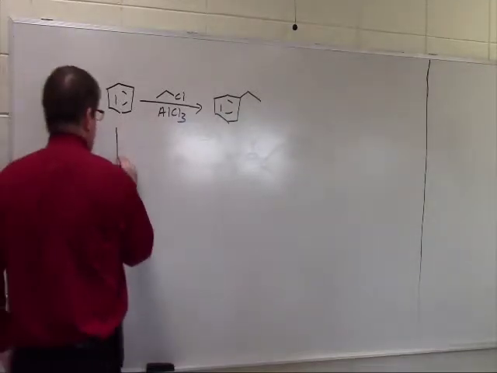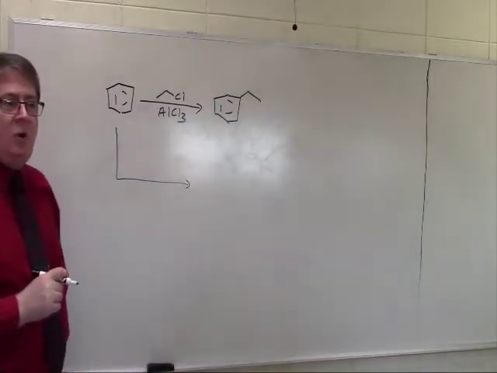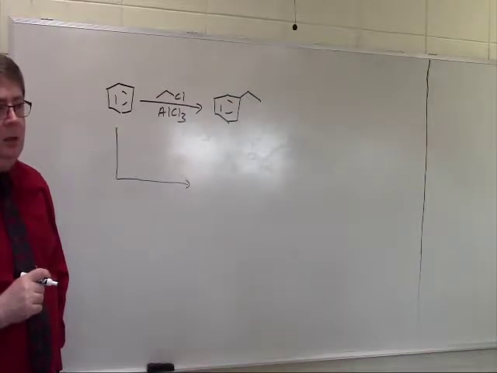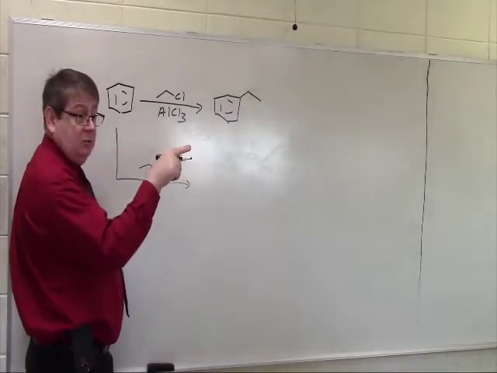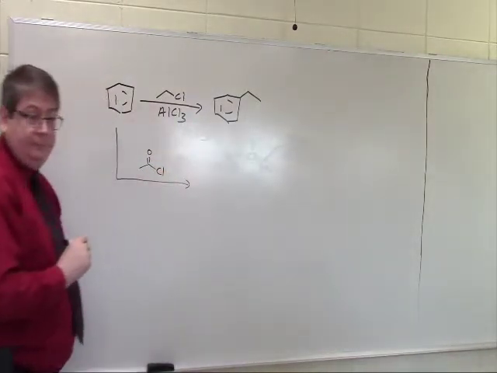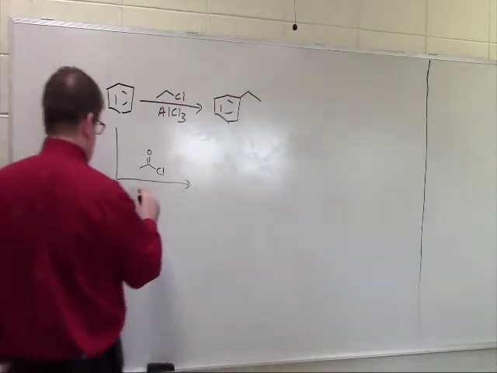So, what kind of carbonyl group would I use that has 2 carbons in it? Use a ketone. Not a ketone yet. It's going to make a ketone. But I can use acetyl chloride. Right now, and what reaction am I going to use if I throw in a little aluminum trichloride here?